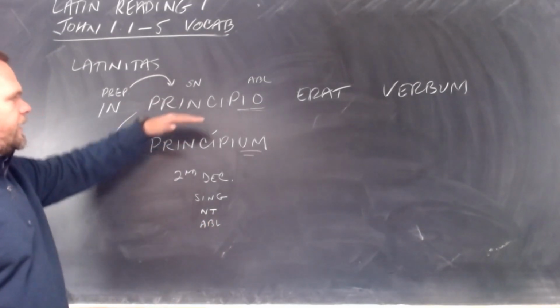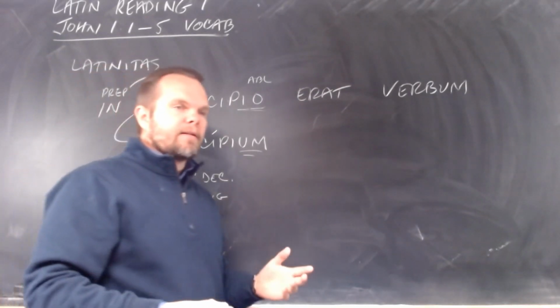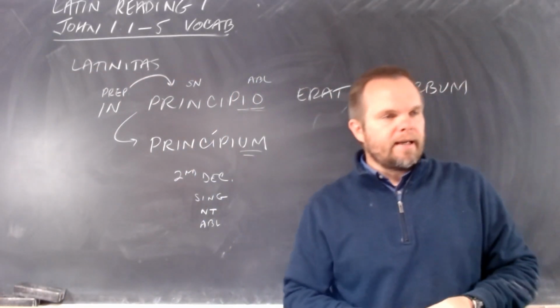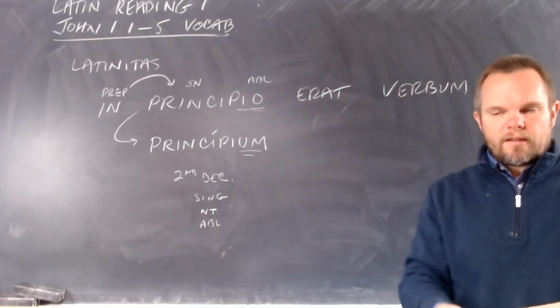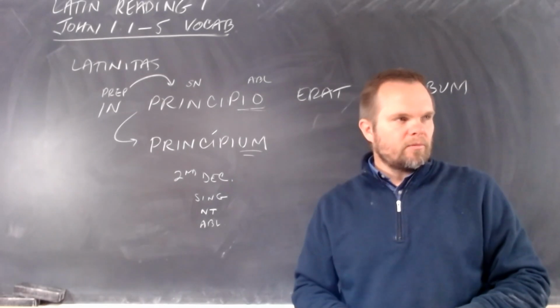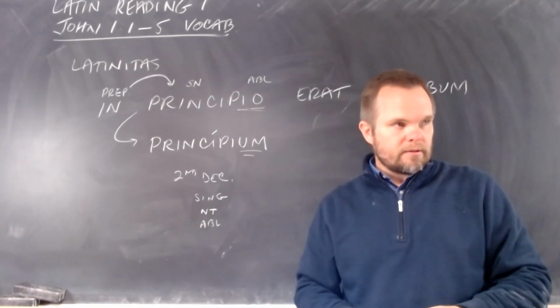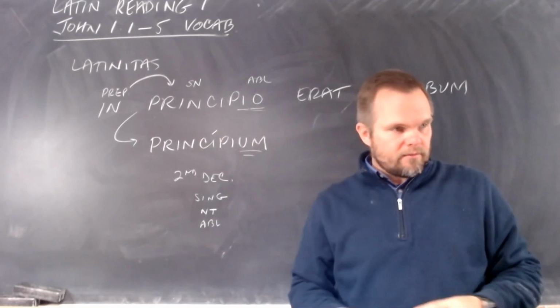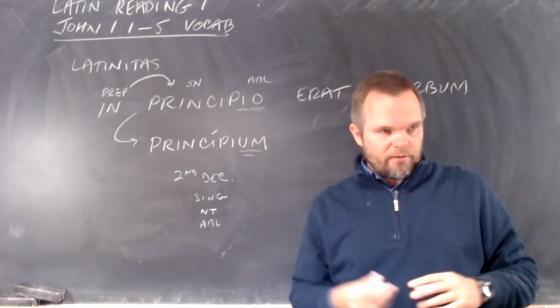So when you see a noun in Latin, you have to know a lot of information about that noun to translate it. Now, in these lessons in Latin Reading 1, I just tell you what the translation is. But this isn't just my translation. I don't just make stuff up.